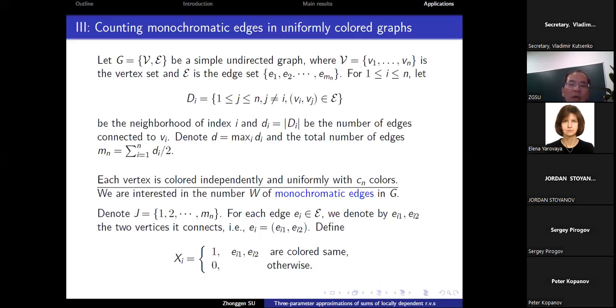And we define X_i, where i stands for one edge. For edge e_i, there are 2 vertices, e_i1 and e_i2. If e_i1 and e_i2 are colored the same, we define X_i to be 1.